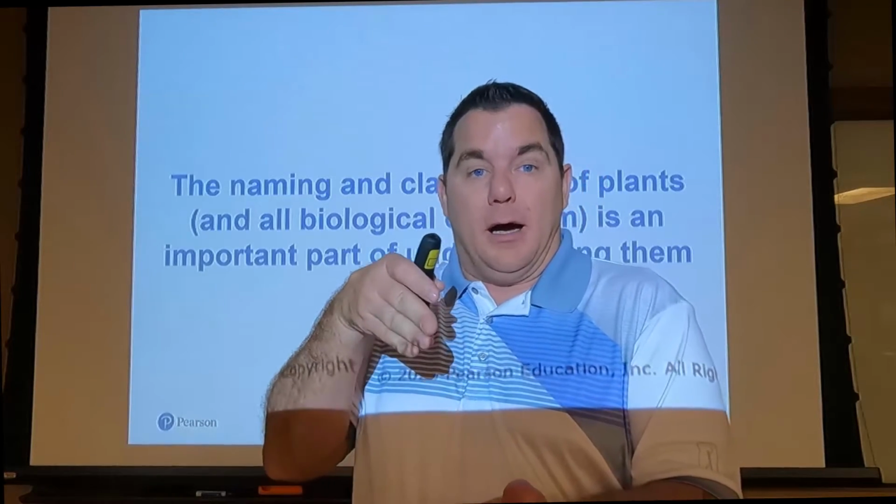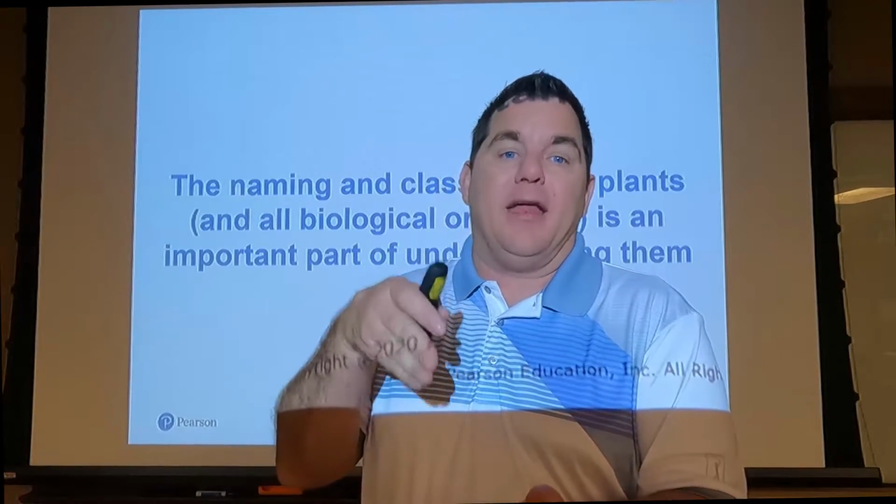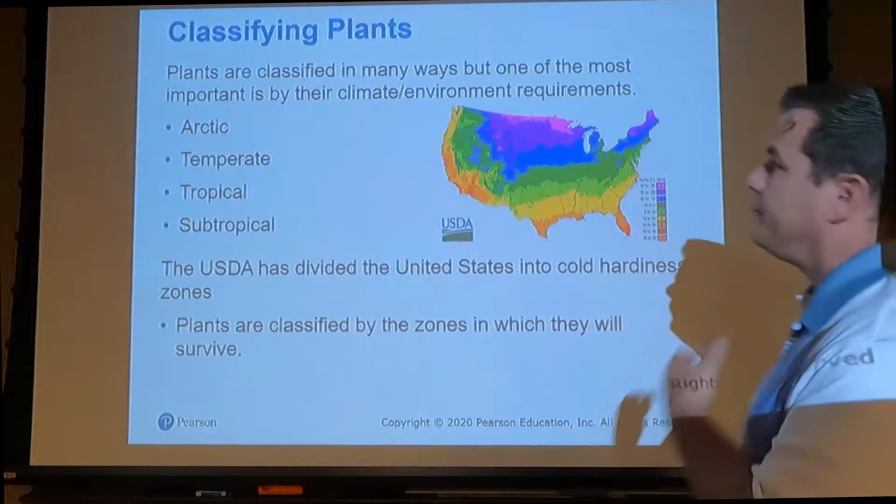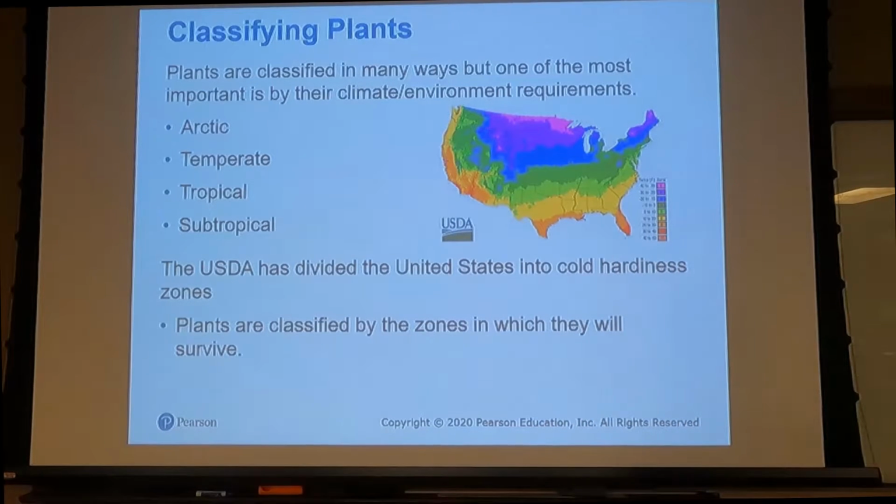is really how we're able to identify and know what someone else is talking about. Our plants are classified basically by the regions that they grow in, because their climate and environment are going to dictate their survival. We have four separate classes: Arctic, temperate, tropical and subtropical. The USDA has certain hardiness zones.